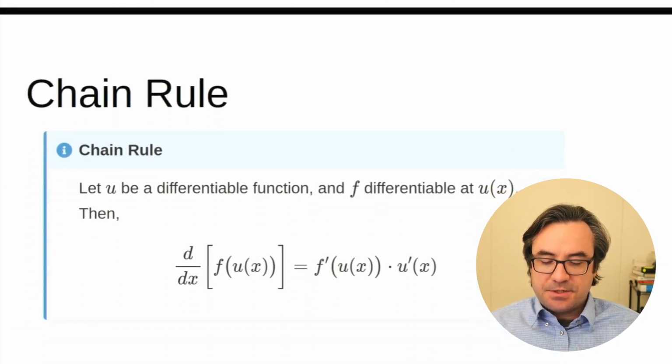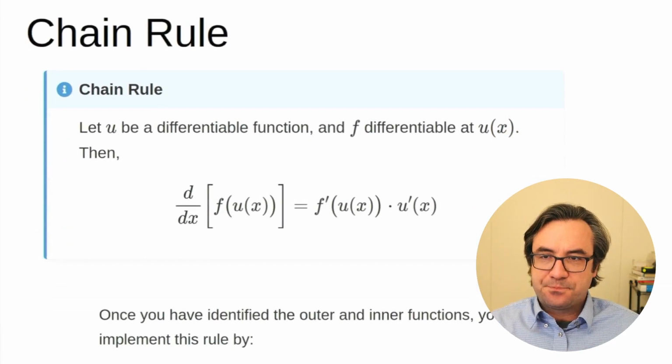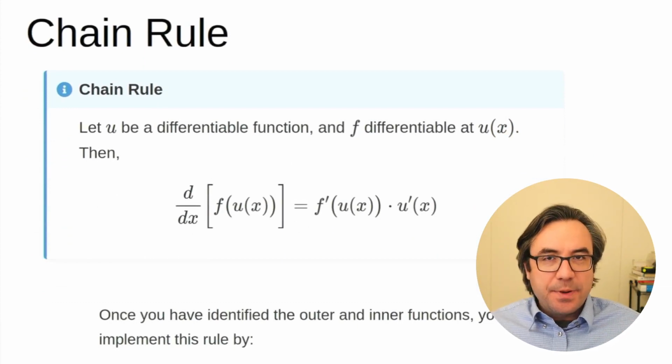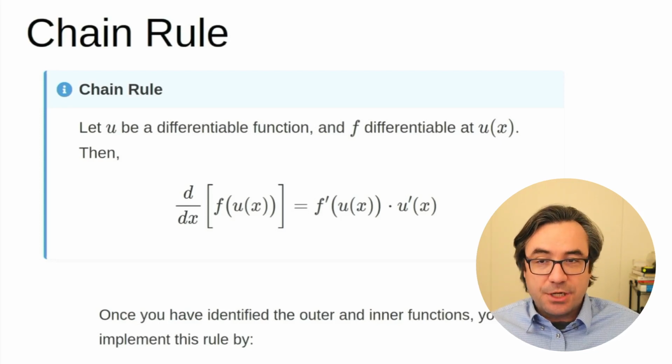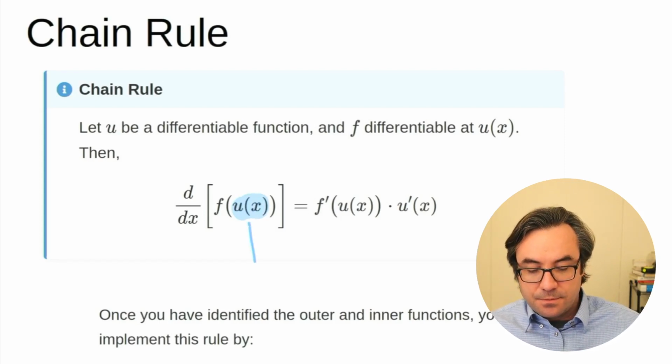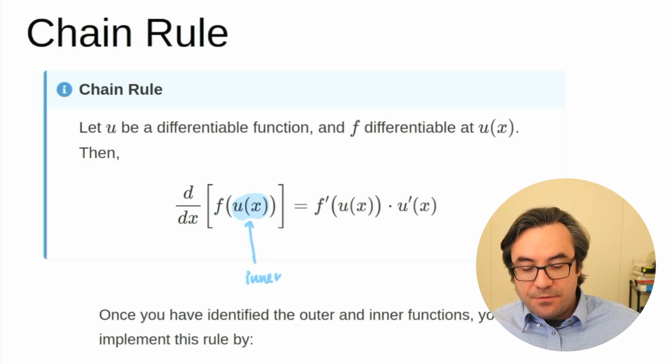All right, so let's look at our chain rule. Again, it's helping us differentiate a composite function. So when we look at this, we have our inner function, and then we have our outer function.